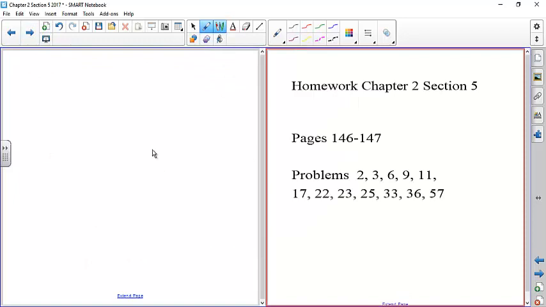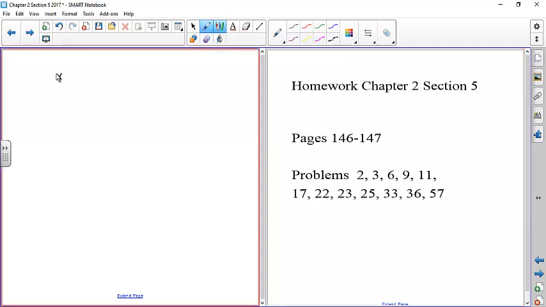So the next problem is, I think this one actually does exist. You have xy plus y squared equals 6. Go ahead and find y prime equals something, and then you'll plug in. You'll find y prime at x equals 1, y equals 2, and that is your slope.